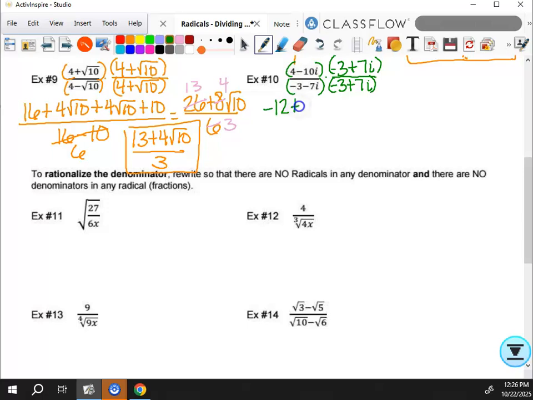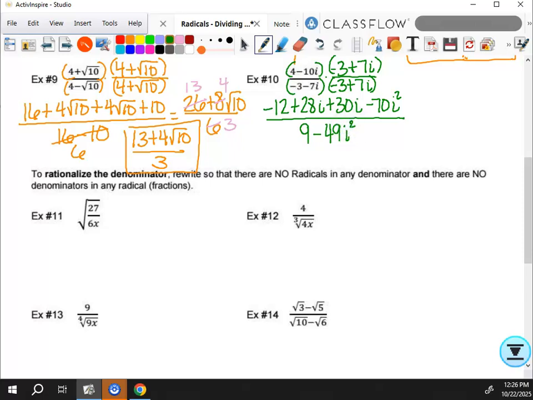So 4 times -3 is -12. Outside 2 would give me a positive 28i. Inside 2 would give me a positive 30i. Outside 2 would give me a negative 70i squared. I'm going to write it like that for just a second, and then we're going to come back and deal with the i squared. All over, then we square the negative 3 and get a positive 9, minus, when we square 7i, we get 49i squared.